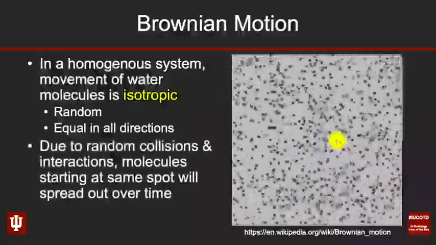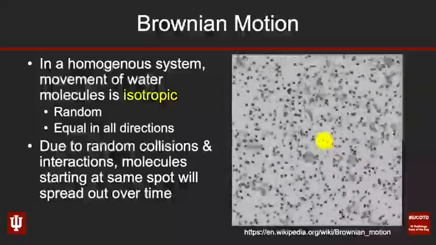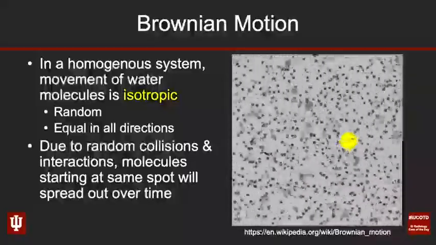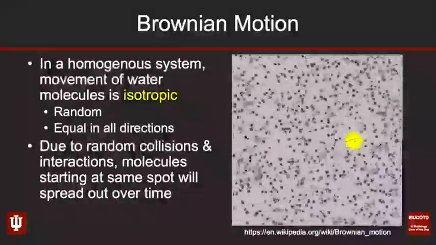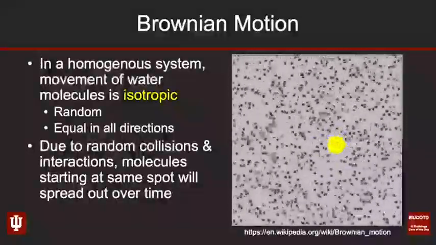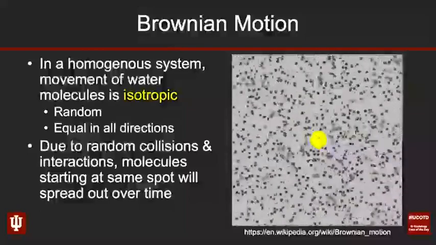Due to these random interactions, these collisions, a molecule that starts in one spot, or molecules that start in one spot within this system, will eventually spread out over time, as this animated GIF graphic would suggest.